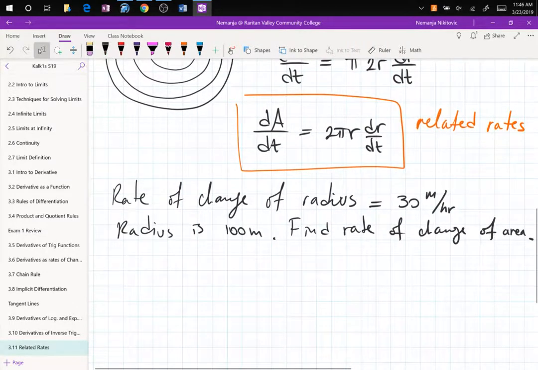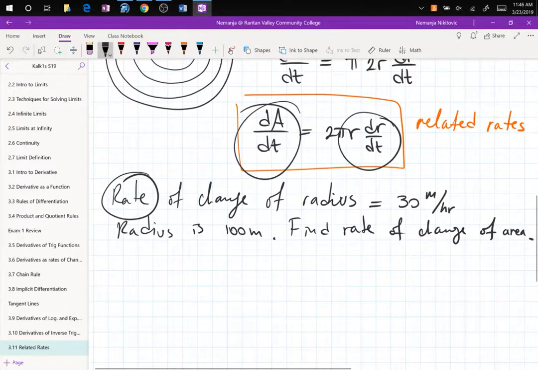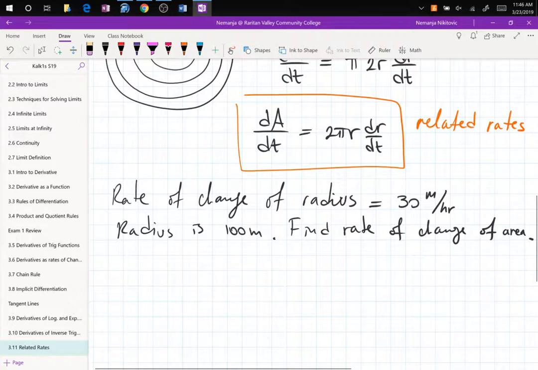Well, we already have the formula. It's important to realize that anytime they say a rate, that number goes for one of the two rates. Now you have to be careful which one, right? So the rate of change of radius, here is my rate of change of radius, so it's dr/dt.